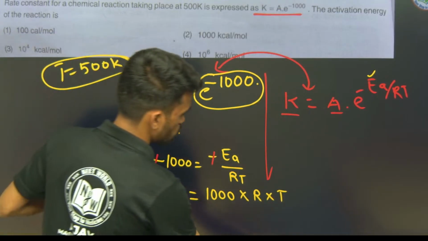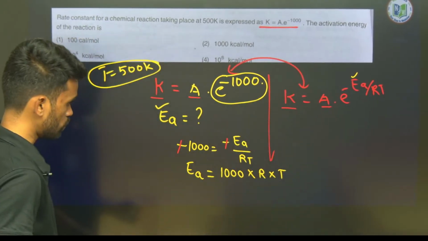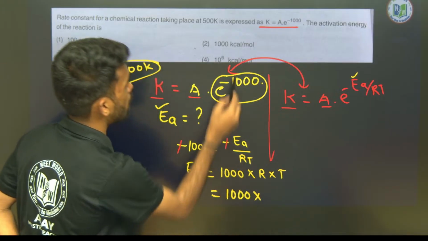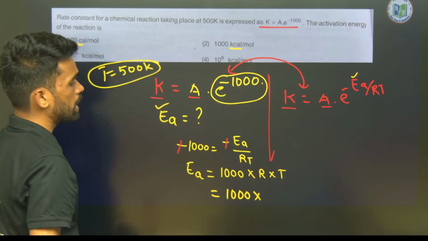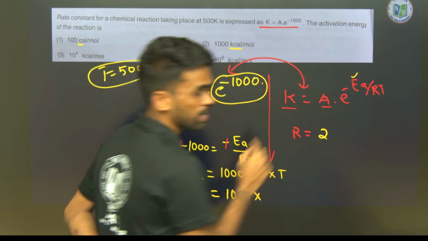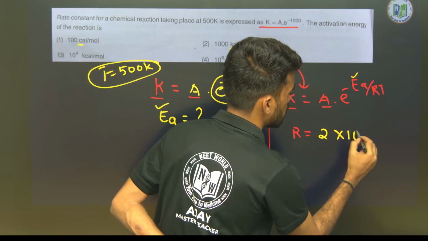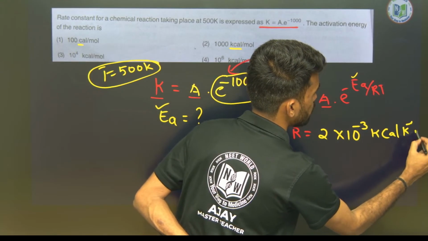So, here 1000 as it is I am writing. Our answer should be in kilocalories or calories. Let us take R equals how many calories? 2 calorie per Kelvin per mole. In terms of kilocalories, we can write 2 into 10 power minus 3 kilocalorie per Kelvin per mole.